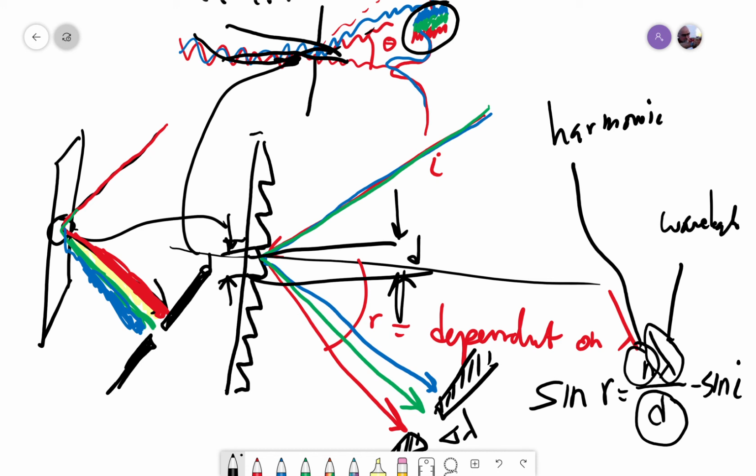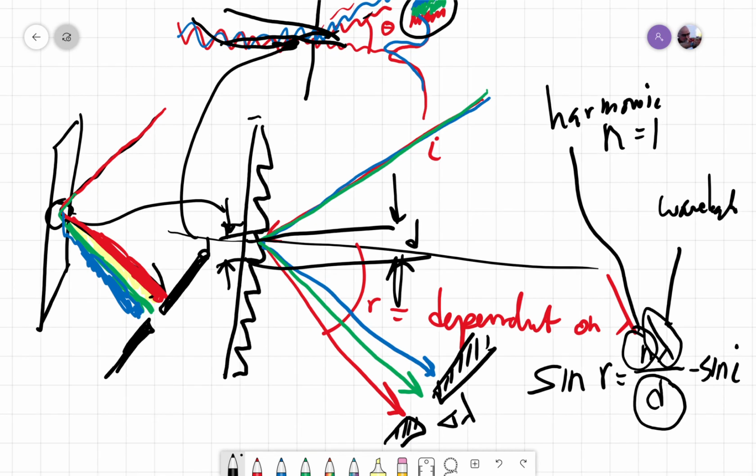The second and third ones are the harmonics, and they are always of lower intensity. So we always work with the first harmonic, where n is equal to 1. Whenever you're using a diffraction grating, you operate on the first harmonic, the brightest rainbow.